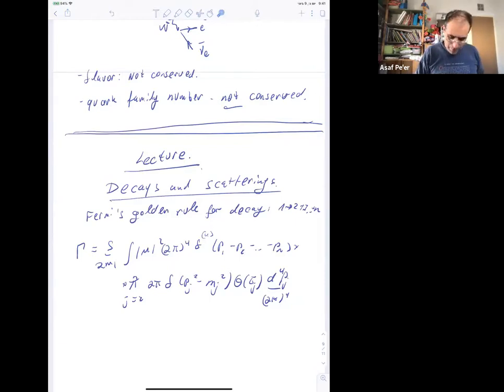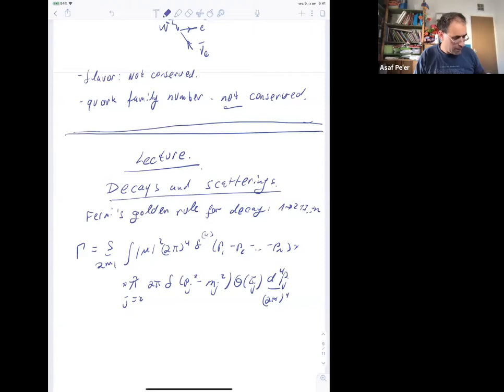Then we did some manipulation. There are a lot of delta functions here. The 2π is a convention. Every time there is a delta function, there is a 2π attached to it, and every time we have an integration, dp, there is 1 over 2π. Essentially they all cancel each other, which is really nice.